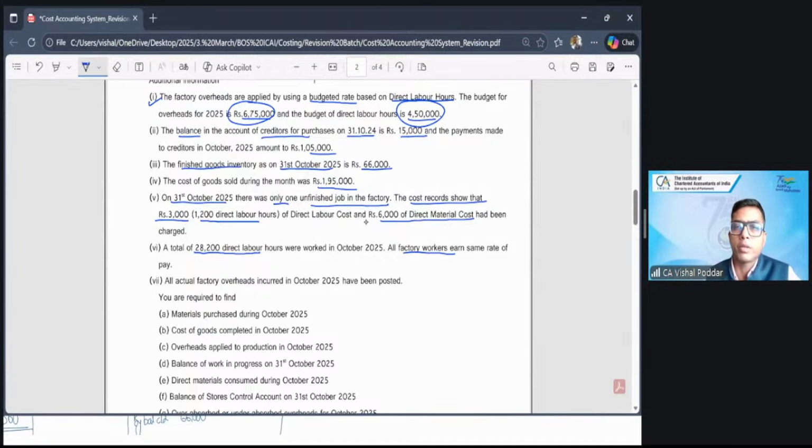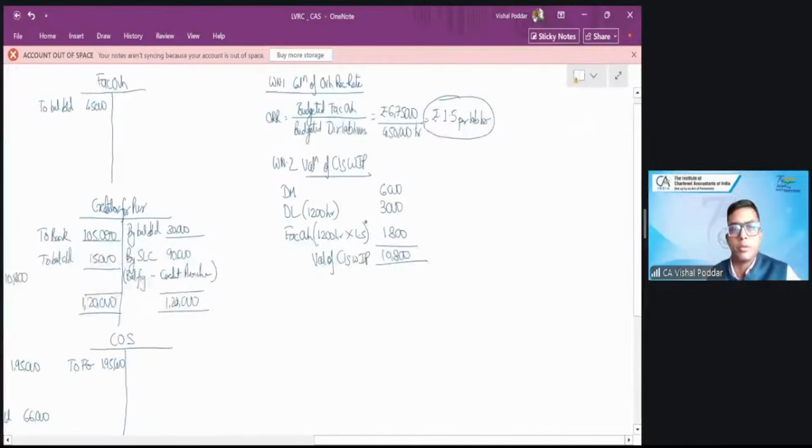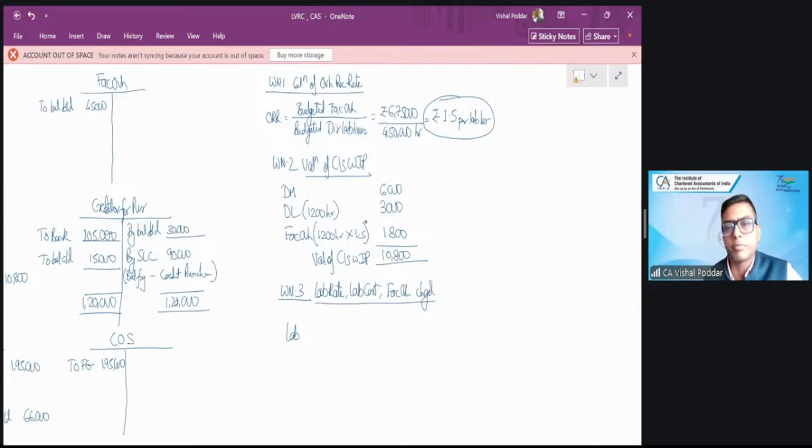All factory workers earn same rate of pay. Now, what is to be determined? Labor rate, labor cost, and factory overheads charged.